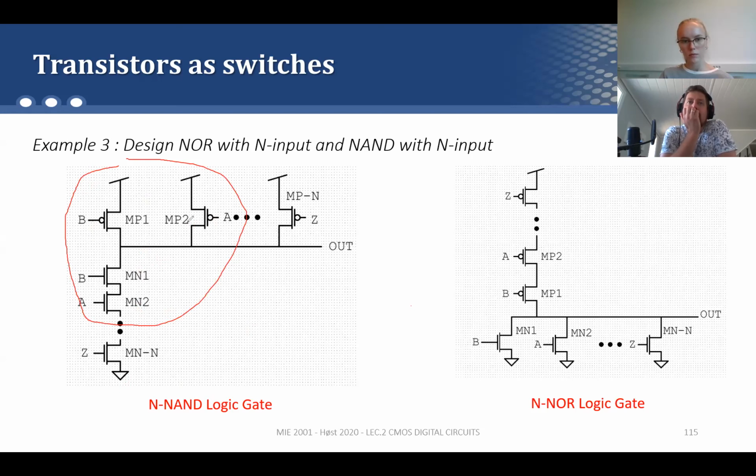And if you want an n-input NAND, you just have to add PMOS in parallel and NMOS in series, depending on how many inputs you have, of course. If you have 4 inputs, then you need 4 PMOS in parallel and 4 NMOS in series, and then you get your 4-input NAND logic gate. It should be pretty straightforward.